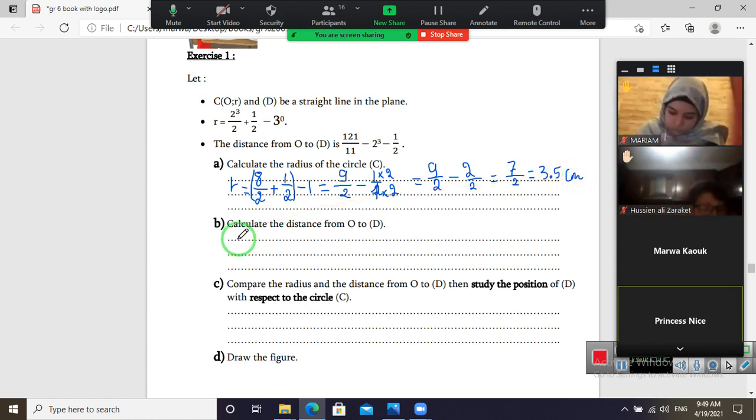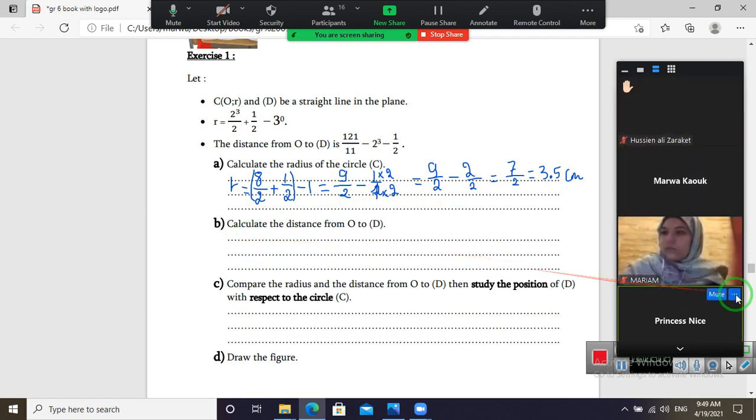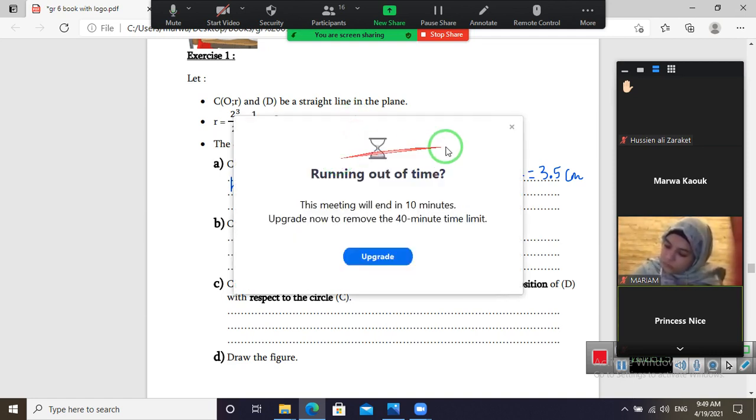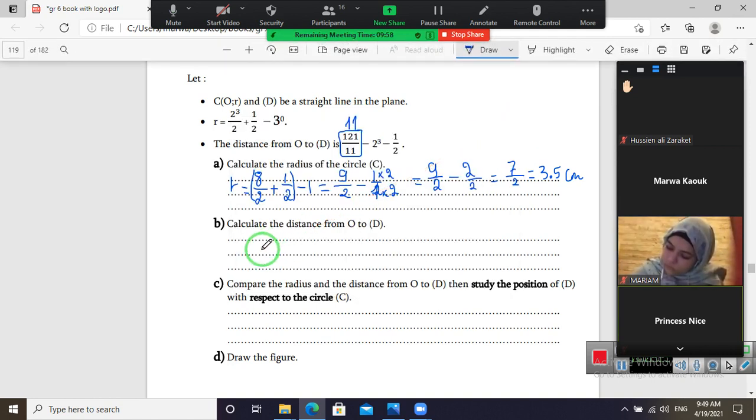Now the distance. Who wants to solve it? 121 over 11. 121 divided by 11. Yes, that's right. 121 divided by 11 is 11. You know it. Yes. It's 11, minus 2 over 3. Instead of 2 over 3, I will put 8. Minus 8, minus a half.